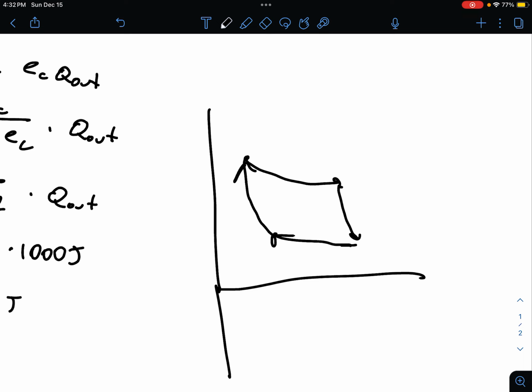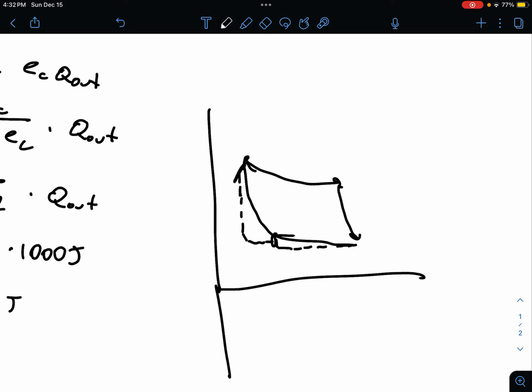We're looking at the curves as the volume gets smaller for the work done. So you can see adiabatic would have a greater area.